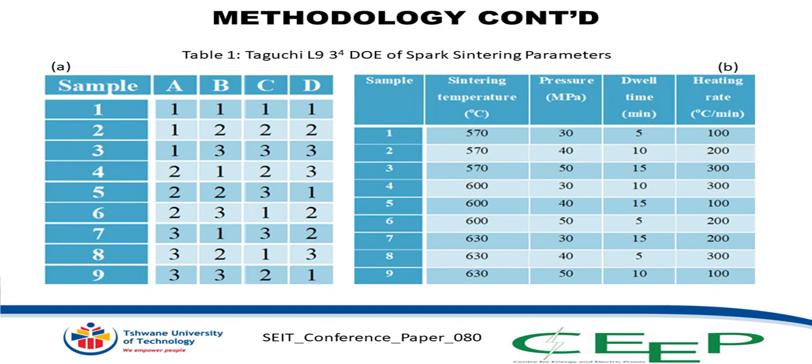The B shows the interpretation of the design of experiment, whereby parameters of sintering temperature, pressure, dwell time, and heating rate were randomized at 3 levels to give 9 sets of samples. The sintering was strictly done using this table, so that at the end of the day, the material developed was characterized to determine the best parameter that gave us the best tribological property.